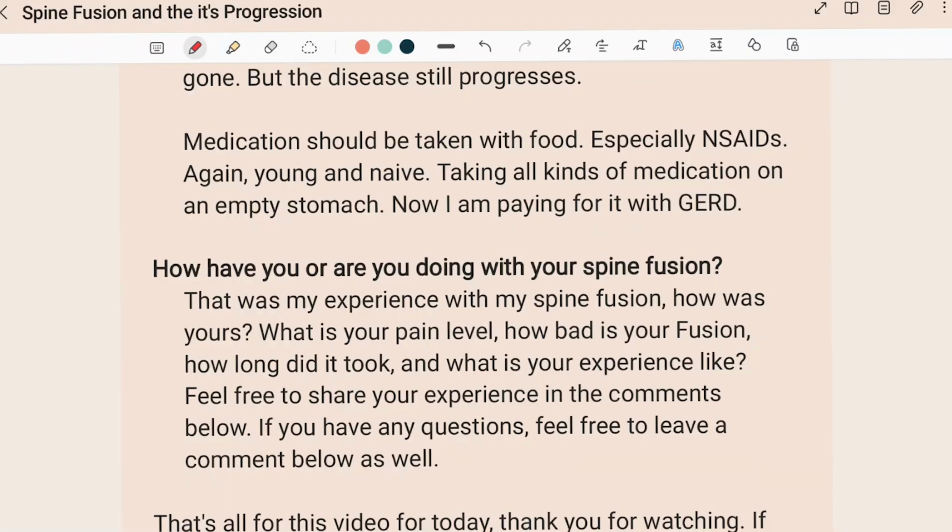Medications and foods. Again, I did not try changing my diet, nor did I have any information. Again, it's not as easy to find as now on the internet.